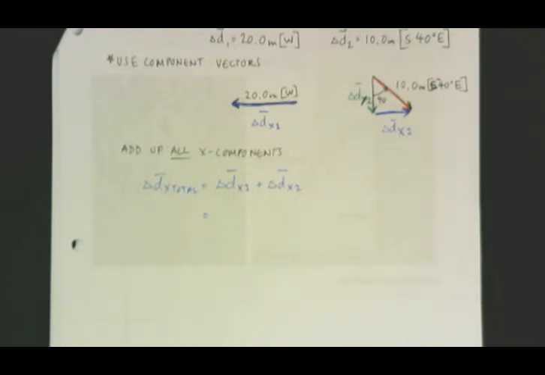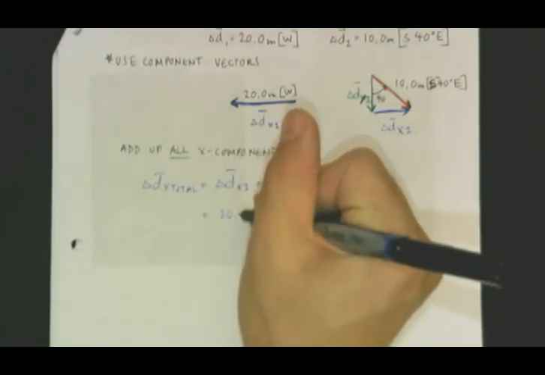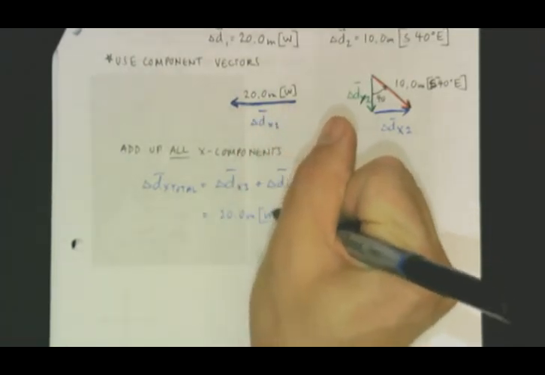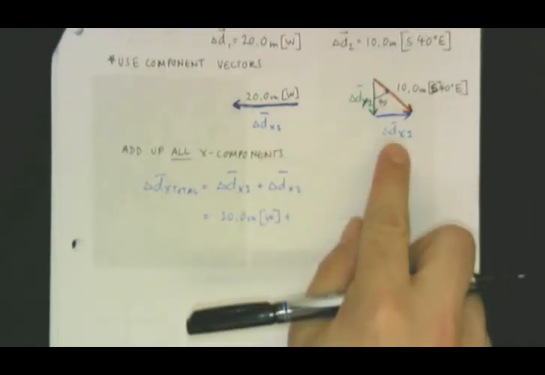So I know delta dx1 is 20.0 meters west. But I haven't calculated what delta dx2 is. I know from trigonometry that this is the opposite side of this triangle with respect to 40 degrees.